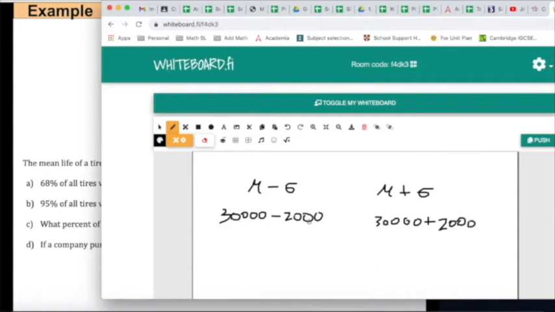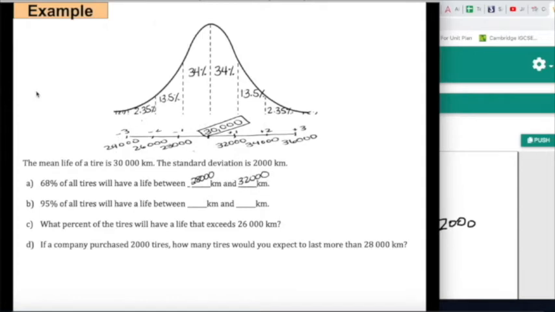So we have 28,000 and 32,000. That is the answer, because this is the area that we want. 68% of the area under this curve is between 28,000 and 32,000.